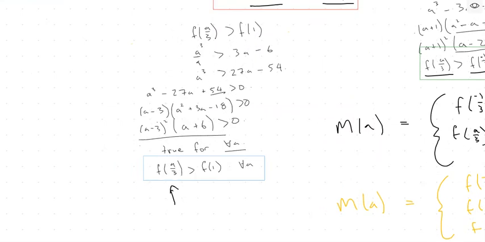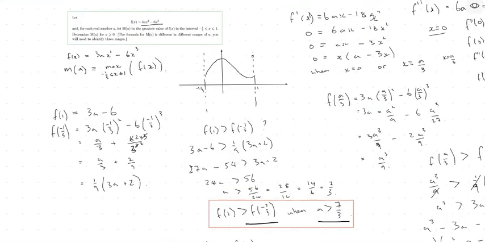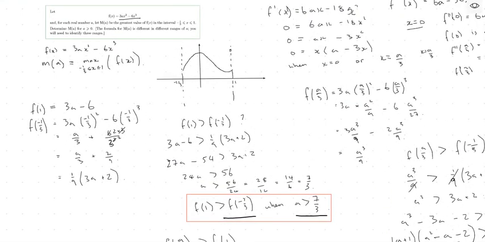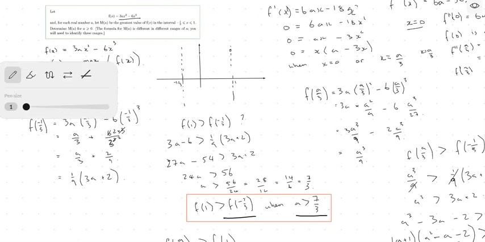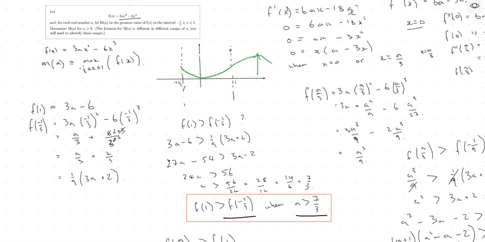So if we go back to our diagram, get rid of these lines here. The turning point, we've got a minimum here. Minimum there. So the turning point is outside the range that we want.